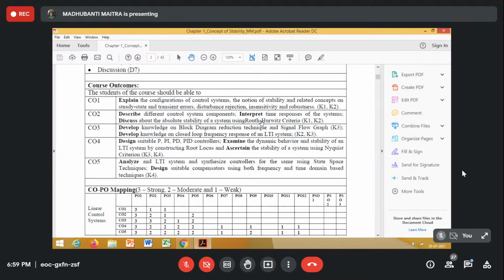And one very important thing is, from the name itself, it's clear the name of the course is Linear Control System. So in this particular course, we'll only consider linear systems. Not only linear systems, linear time invariant system or LTI system. So, in this course, there is no scope to discuss nonlinear systems or discrete systems or linear time varying systems, right?